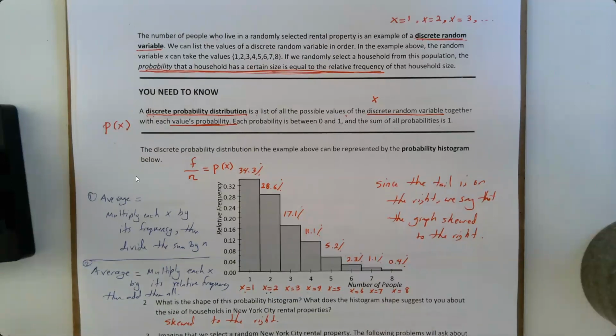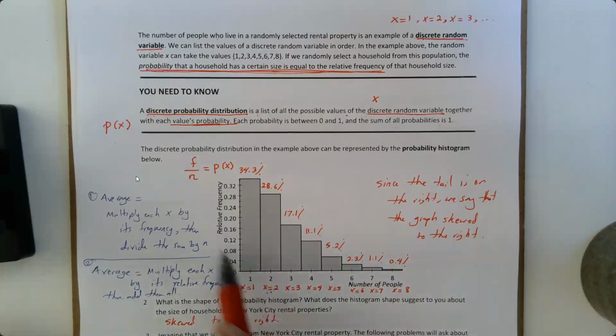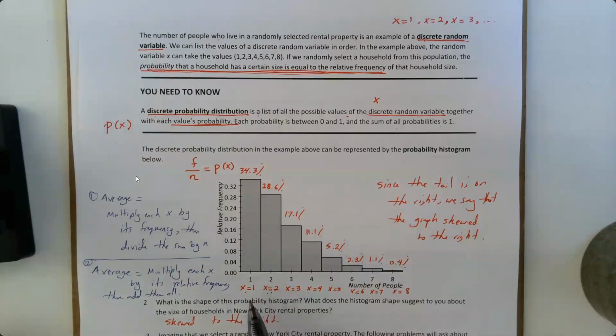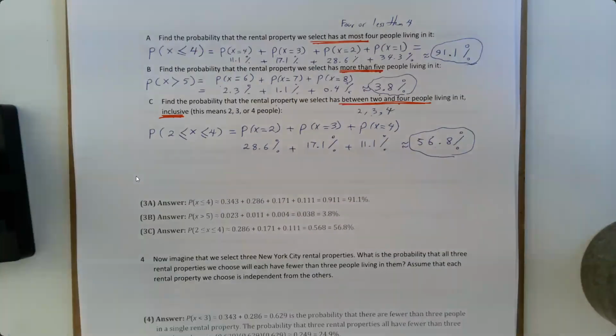We're also interested in finding the probability using our frequency table or relative frequency graph. We did some exercises, we went over some examples. Now we're going to continue.